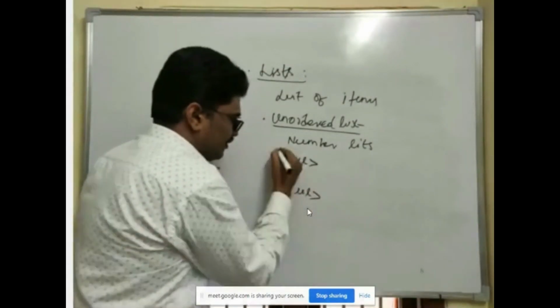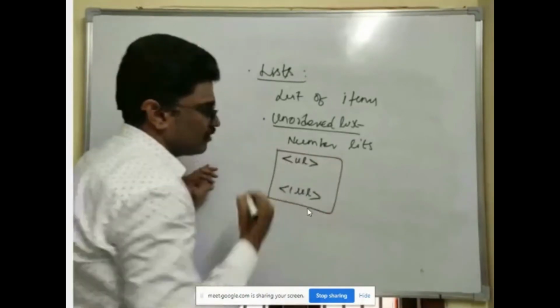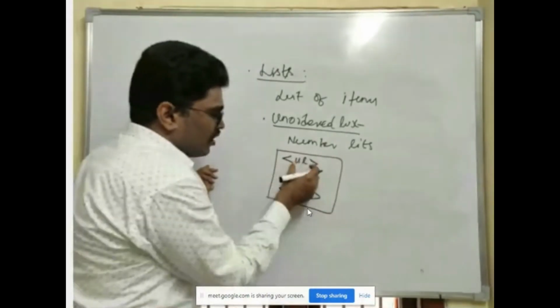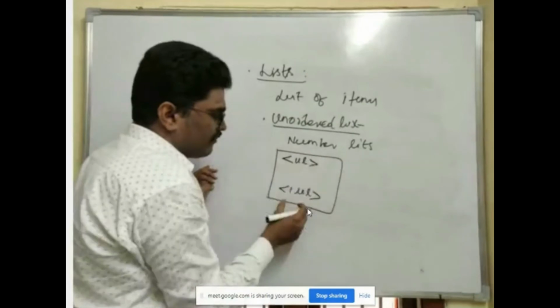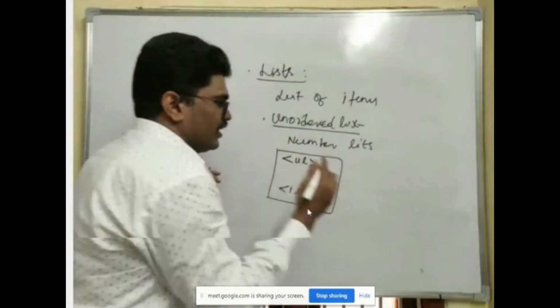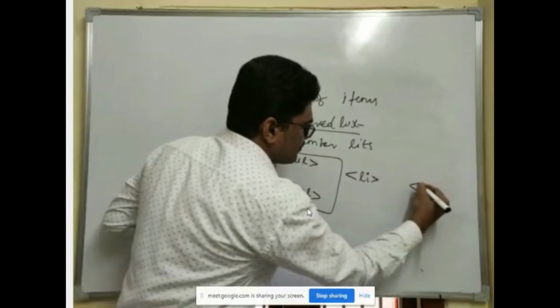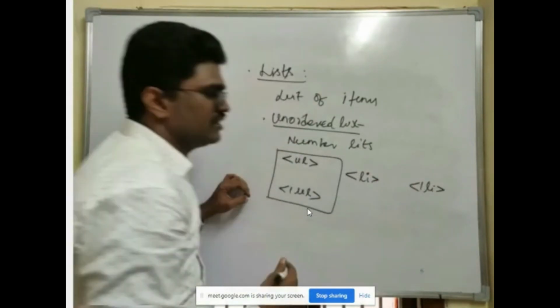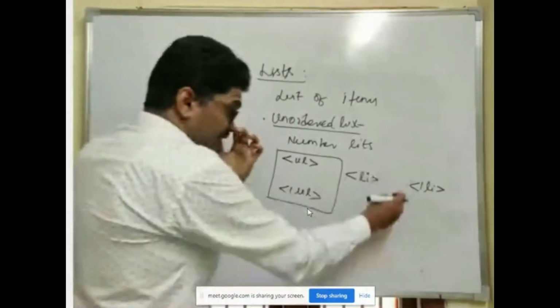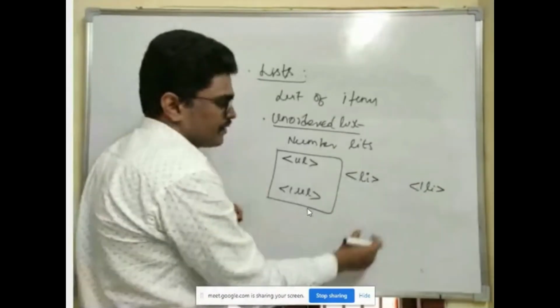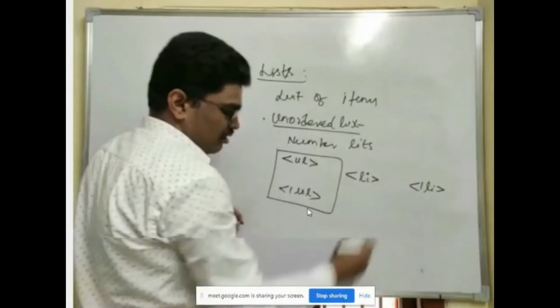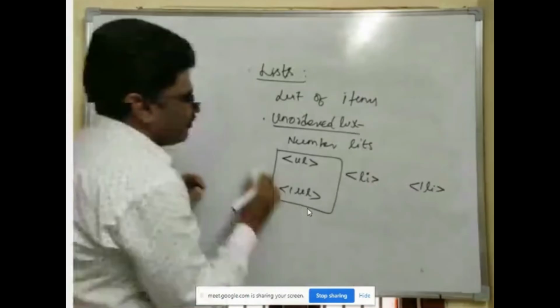In an unordered list, you can write any number of list items. Every list item is given with the li tag. If I use li, the elements will be displayed. We'll see the example once we complete all the things.